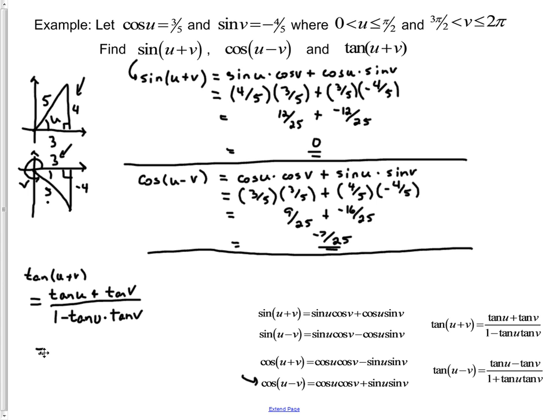Making the proper substitutions, the tangent of u from our first triangle is 4/3, and the tangent of v from our second triangle is negative 4/3. And we divide that by 1 minus the product of 4/3 times negative 4/3.